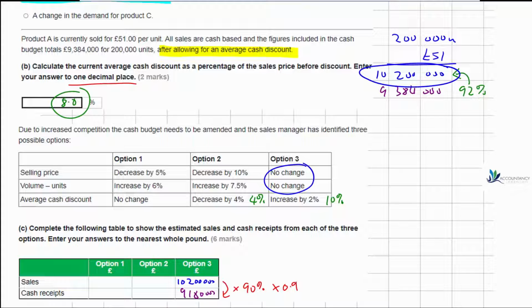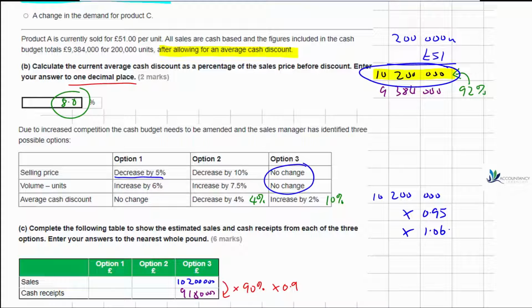Okay, let's go back to option 1 now. So here we're expecting a decrease of 5% in the selling price. Okay, so that means we can take our 10,200,000 and if we decrease the selling price by 5%, so we need to multiply that by 0.95, but we also need to increase the volume by 6%, so we can multiply by 1.06.